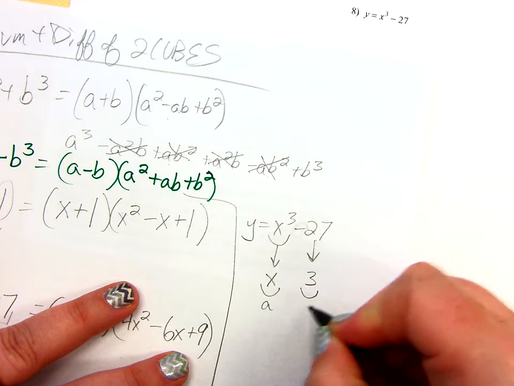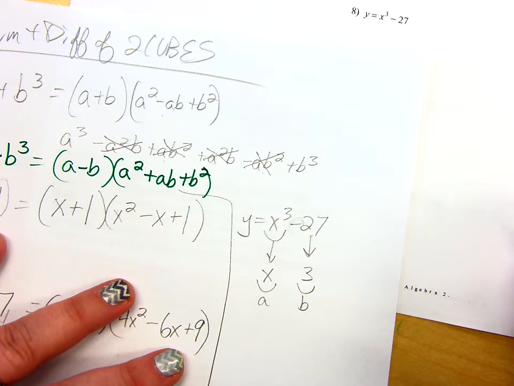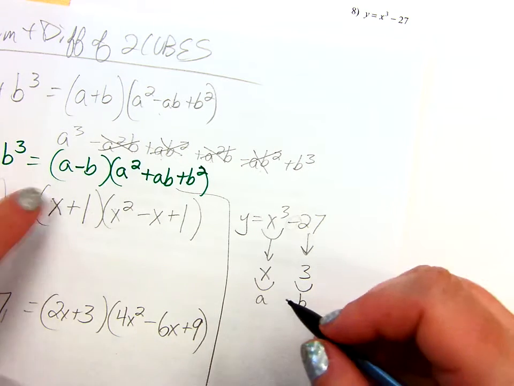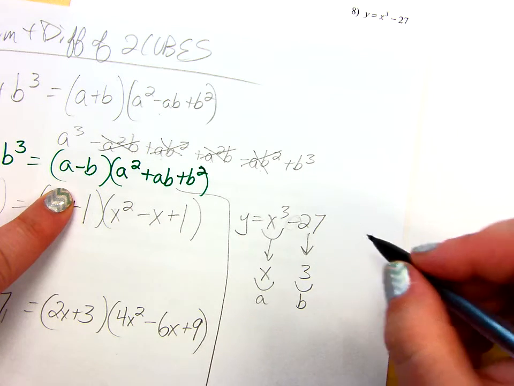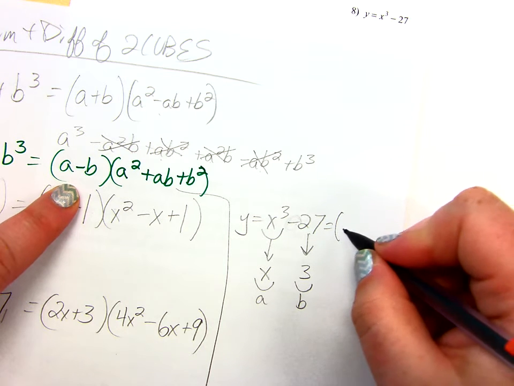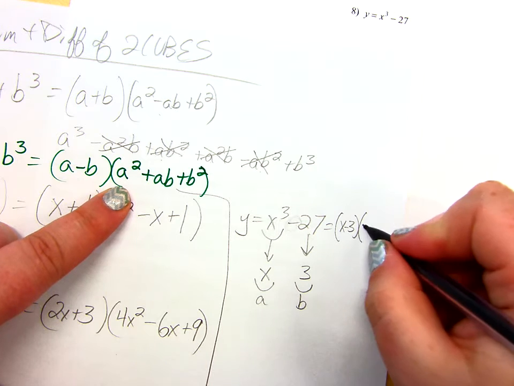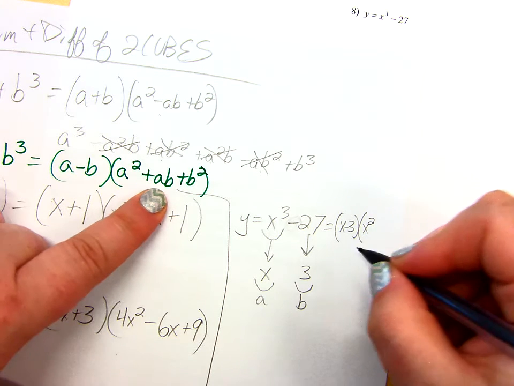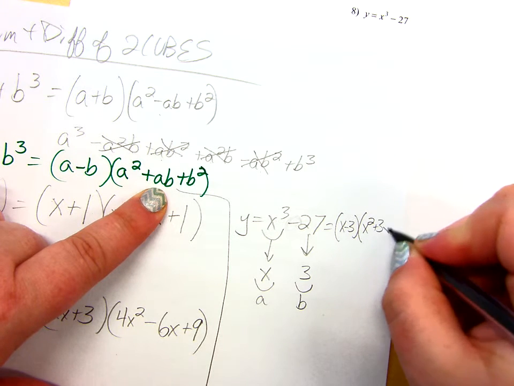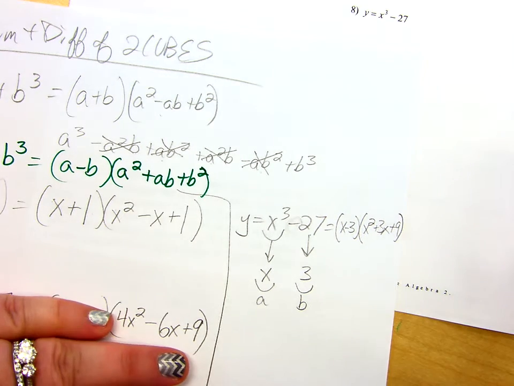So 3 is going to go in for b. And then I just pop in the formula, a and b as they are. So I would get a minus b, so it'd be x minus 3, and then a squared plus a times b, so it'd be x squared plus 3x, and then plus b squared. That's it.